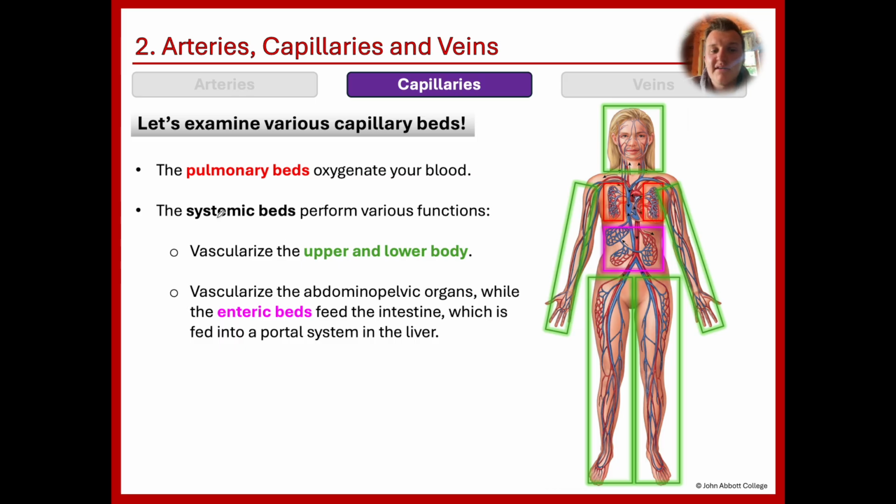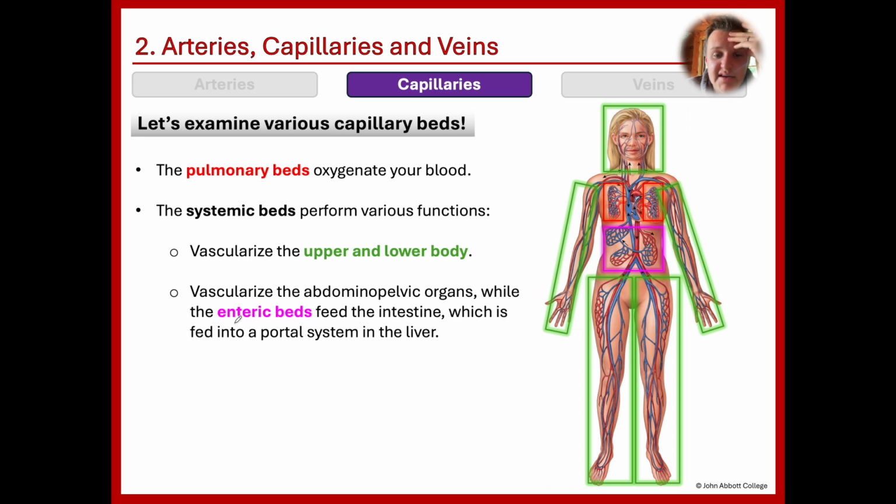The systemic capillary beds perform various functions in different areas. Some of them vascularize the upper body or the lower body, right? So there are some capillary beds in your head, some in your arms, in your legs, right? And some of them vascularize the abdominal pelvic organs.